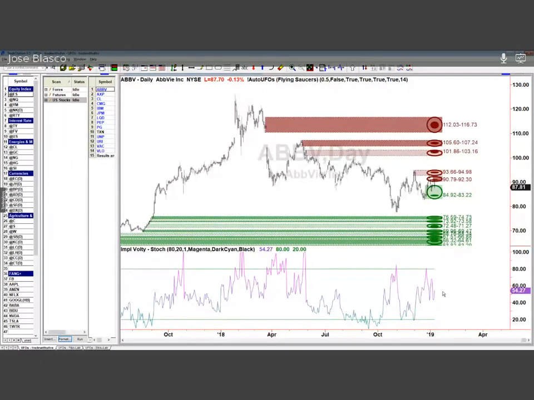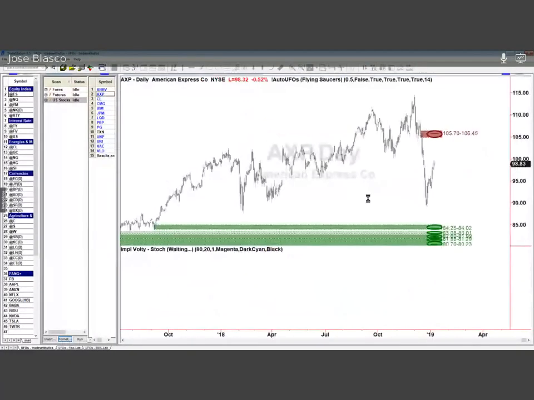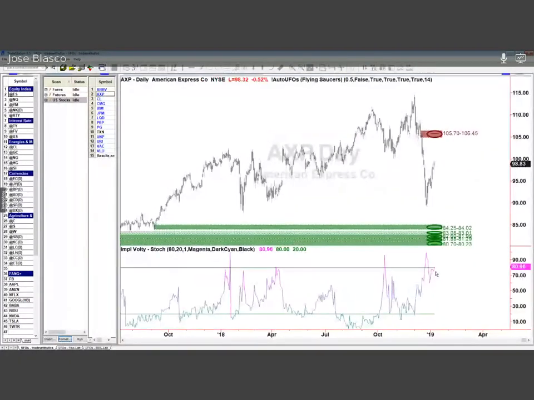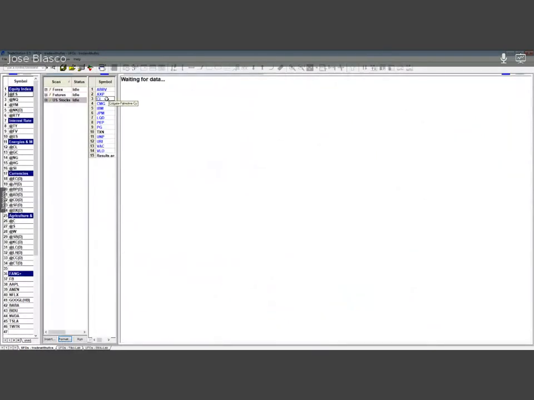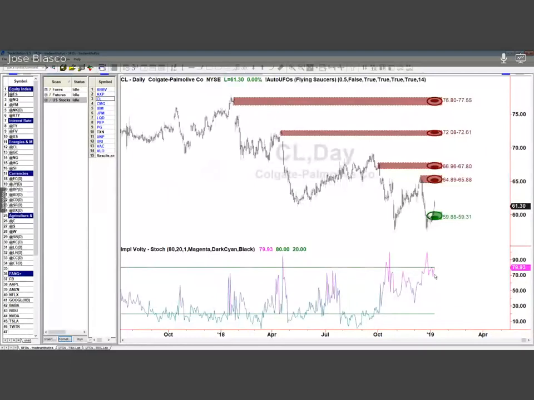So when selling options, my filtering process got rid of the stocks that had options that were low priced. If you look at ABBV, if you look at AXP, which is American Express, it is loading here. You can see we got purple too. If you look at Colgate Palmolive, CL, we got purple.